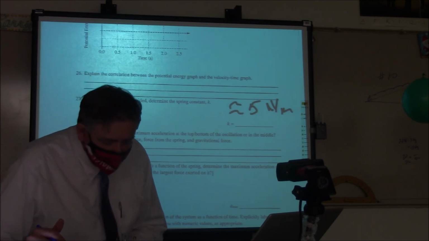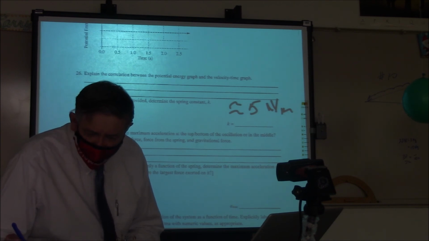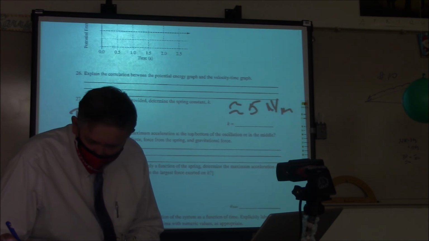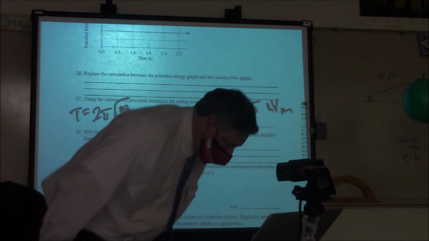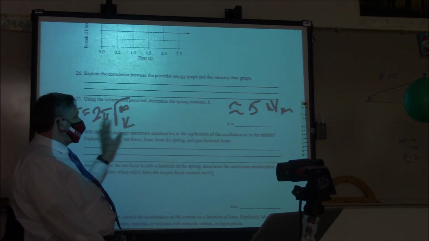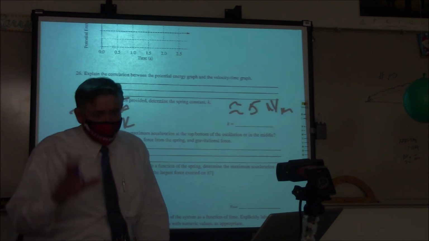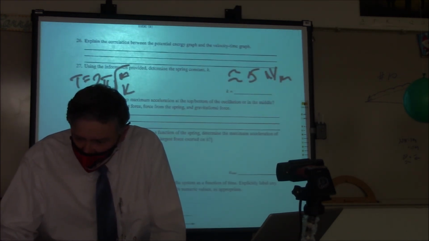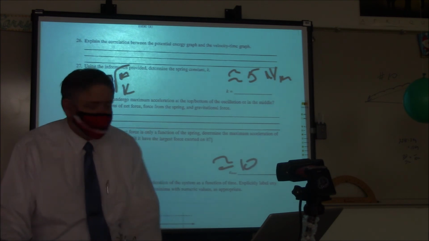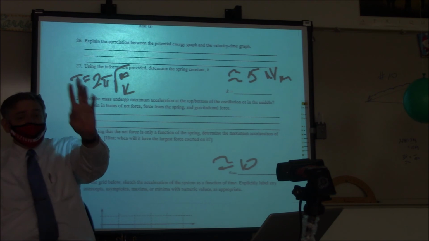And with this one, you're going to go T equals 2 pi square root of m over K. So you're going to start with this equation, and then you're going to solve for the spring constant K. So that should be around 5. Your answer to 29 should be around 10.